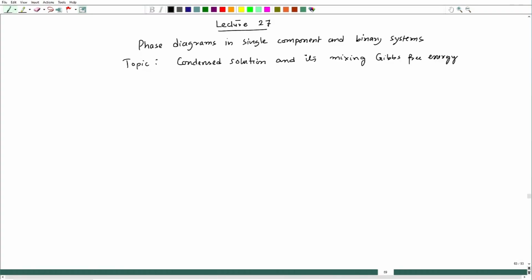These concepts will be needed in order to derive equations which will allow us to give rise to phase diagrams in binary systems. So, initially we will start with multi-component systems, of course more than 2 components, and then we will confine our discussion to binary systems.